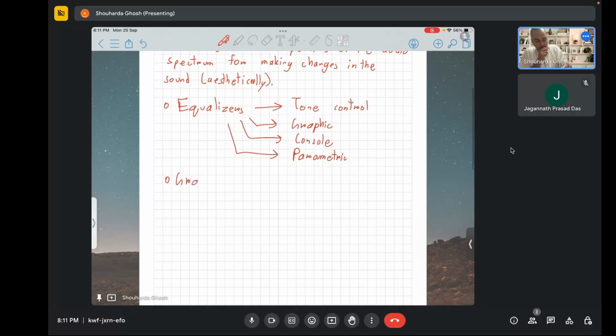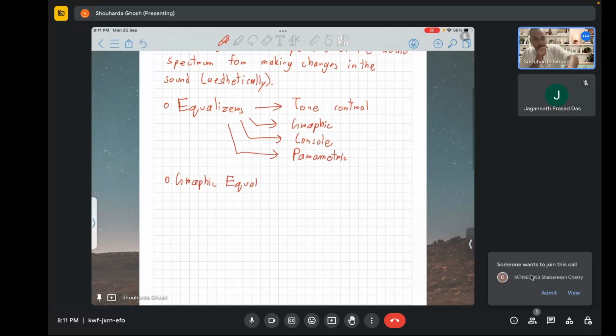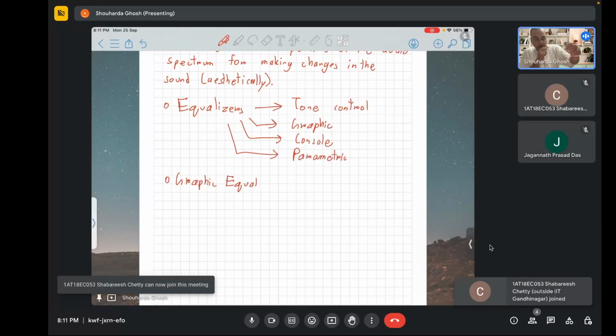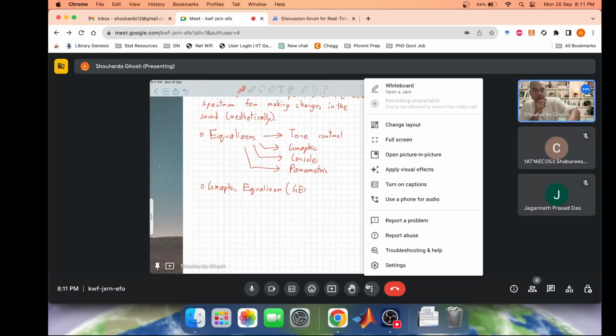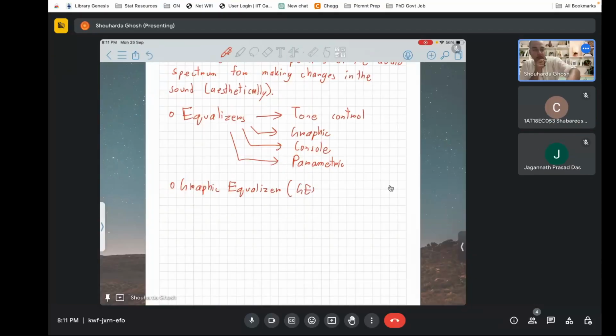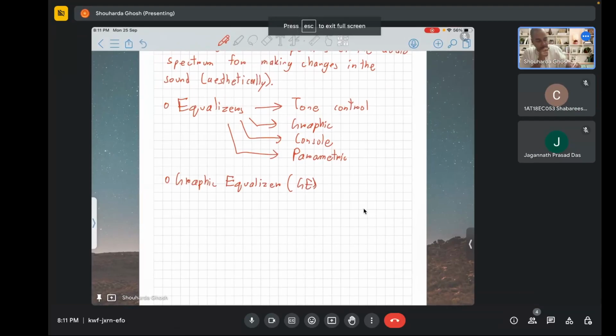So a graphic equalizer, or what we'll write in short as GE. What is this GE?